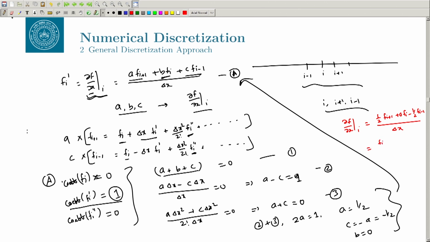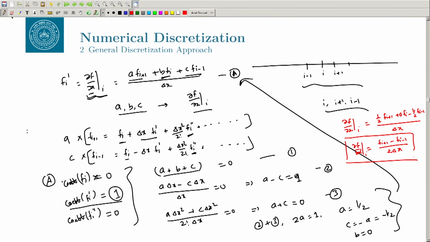That is basically Fi plus 1 minus Fi minus 1 by 2 delta x. What is this? This is nothing but your central differencing formula, right. So, by just finding the coefficients A, B and C and using the Taylor series, we got the central differencing formula.